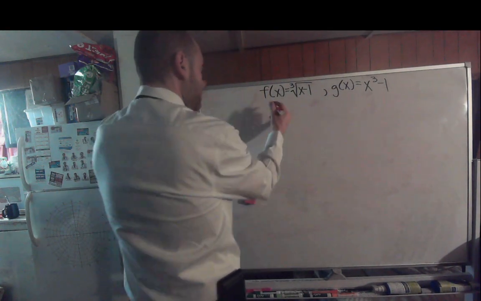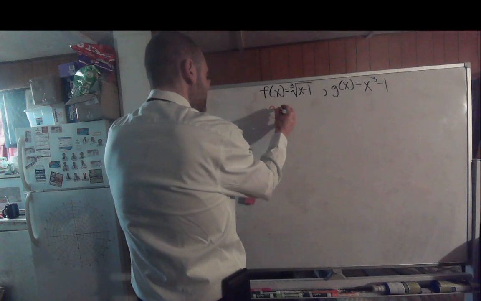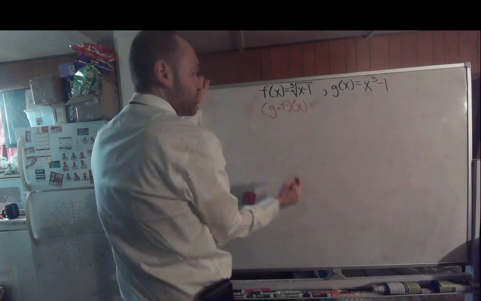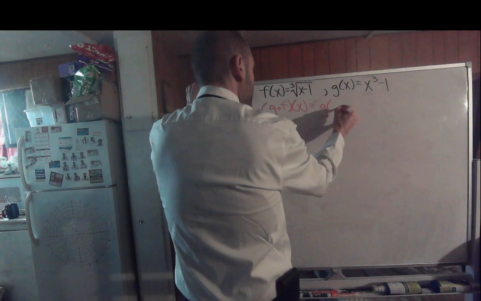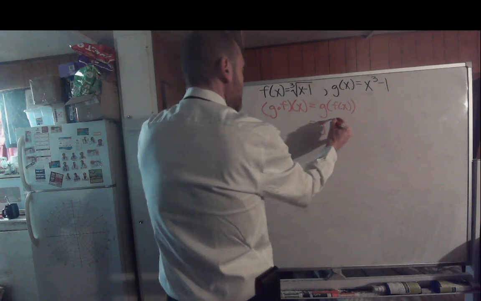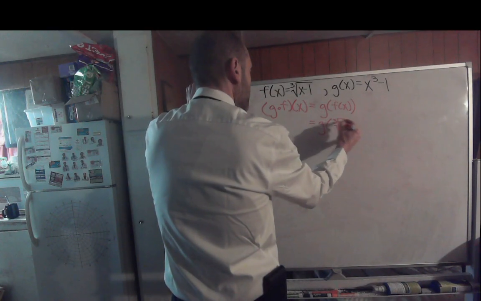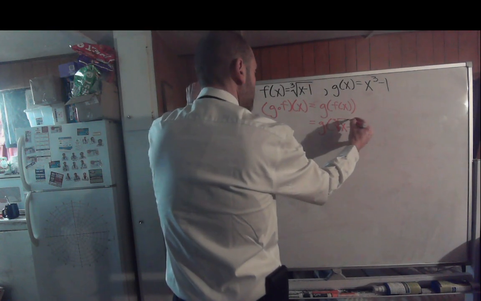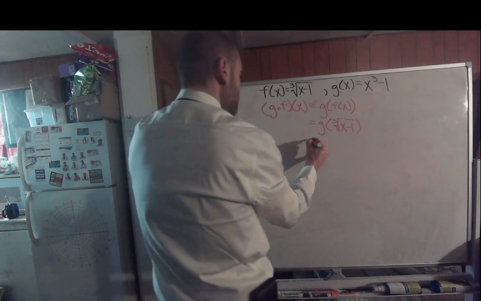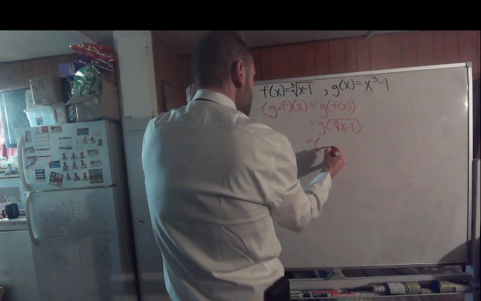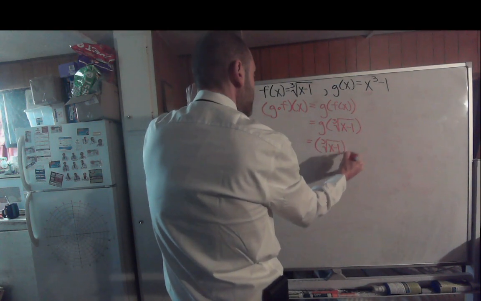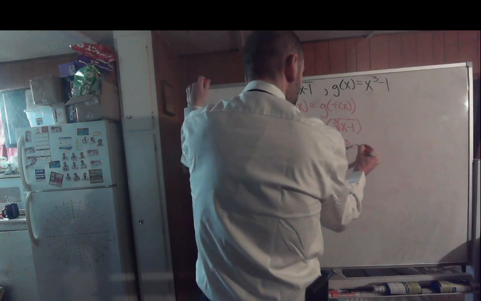Then we can work backwards, of course. Let's do g composition of f of x. So that means you're taking g of f of x, which would give you g of the cube root of x minus 1. So put in that cube root of x minus 1 for x cubed. That would be the cube root of x minus 1 raised to the third power minus 1.